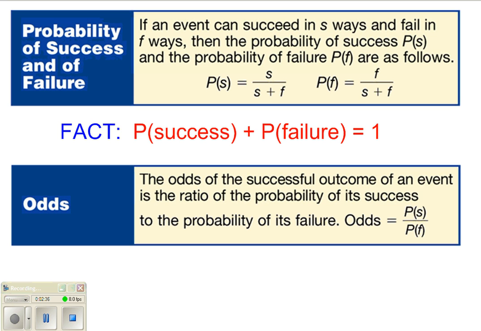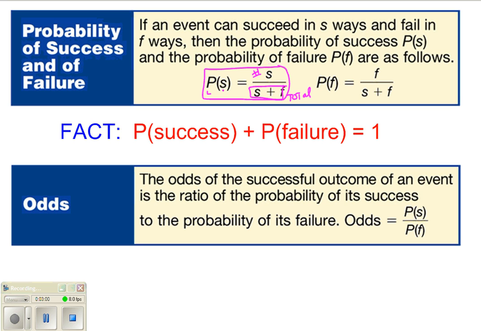The probability of success and failures can be defined like this. P stands for probability, S for success. So we're looking at the number of successes compared to the total number of successes added with failures, which creates our whole sample space.